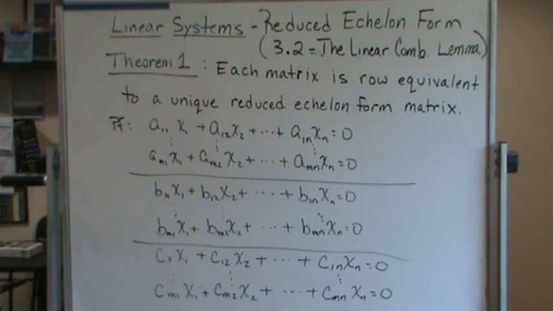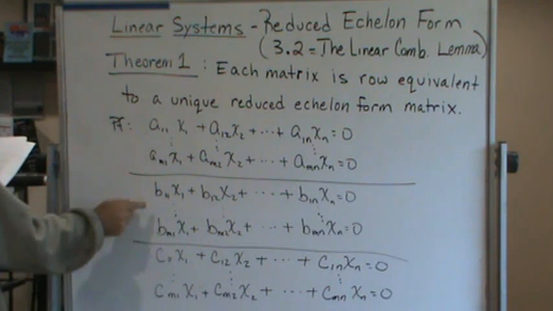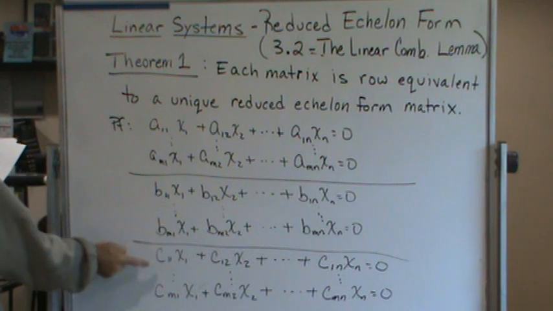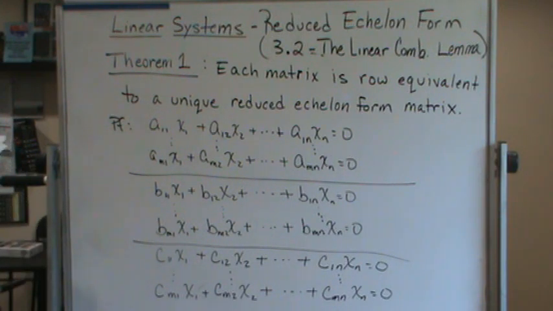That's from a previous theorem that we talked about. Okay, so we know from that previous theorem that the set of solutions to this system is going to be the same as the solution set of both of these systems. Okay.